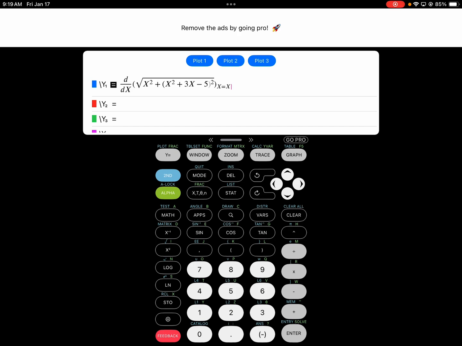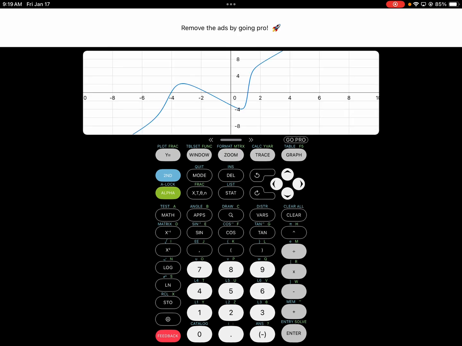I have no idea what this is going to look like when I graph it. I'm going to zoom 6 and pray for the best. Oh, yay.